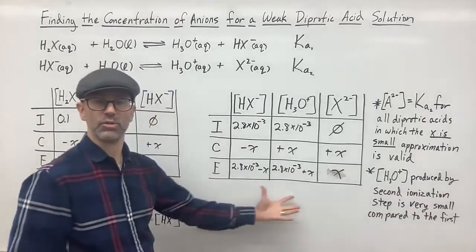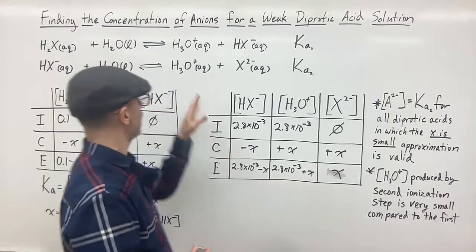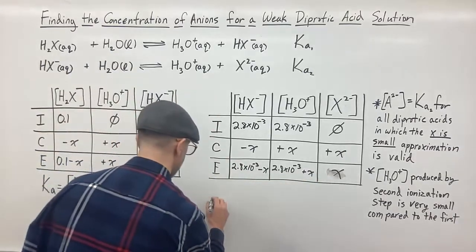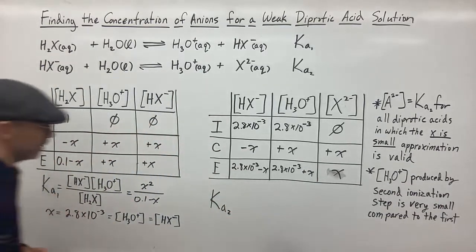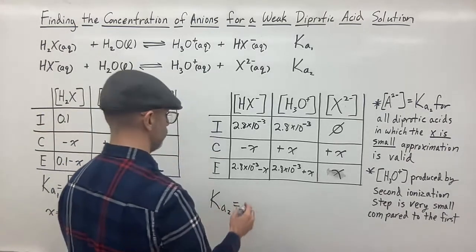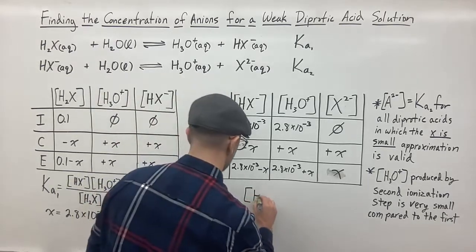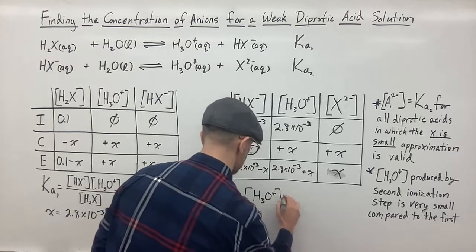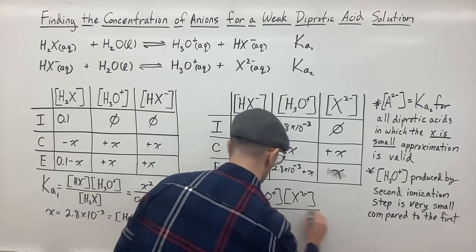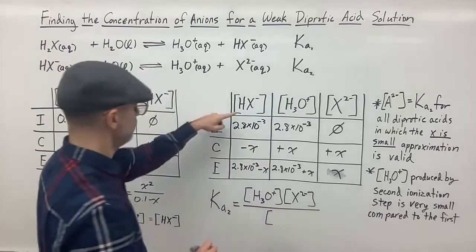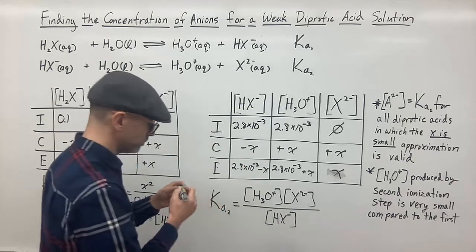And so now I have the equilibrium expressions for the concentrations of these three, and I can put that into my Ka expression. So Ka2, this should be Ka2, is going to be equal to the H plus, or H3O plus, concentration multiplied by the X2 minus concentration, all over the HX minus concentration.